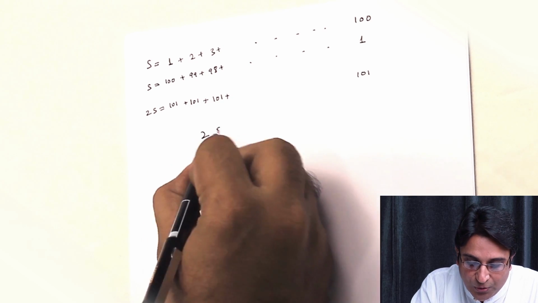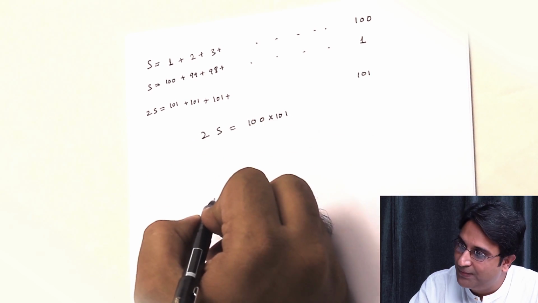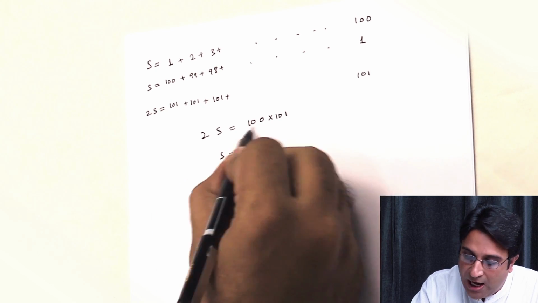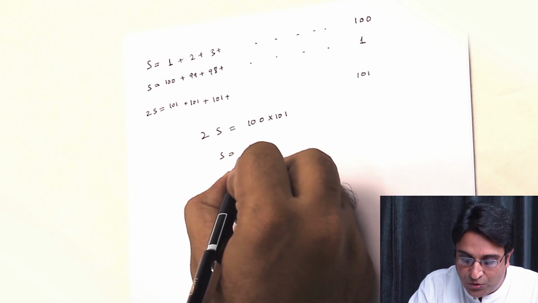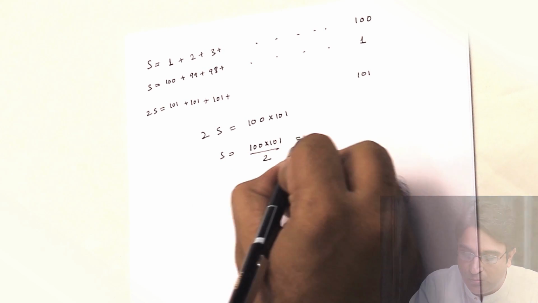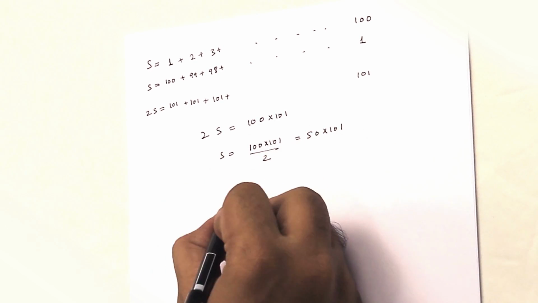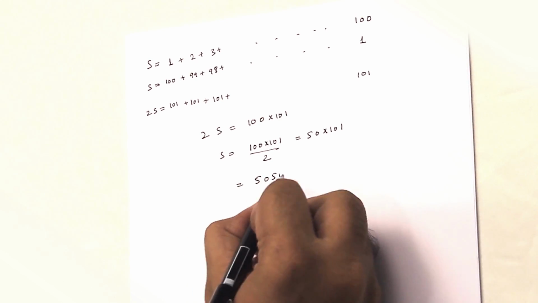So he wrote 2 times S has to be 100 times 101. And therefore S has to be half of this sum. So 100 times 101 by 2 comes down to 50 into 101, and that is 5050.